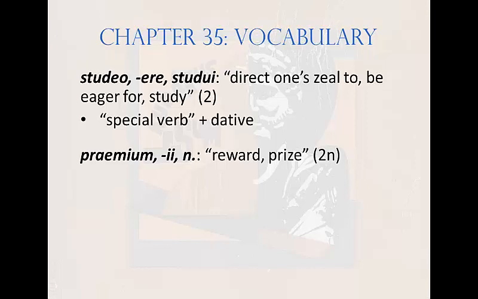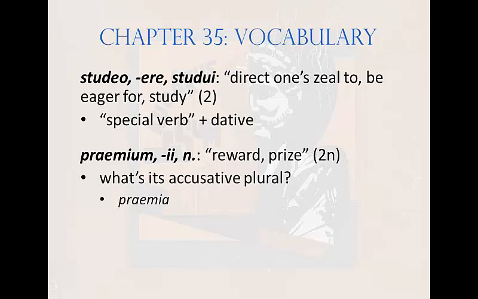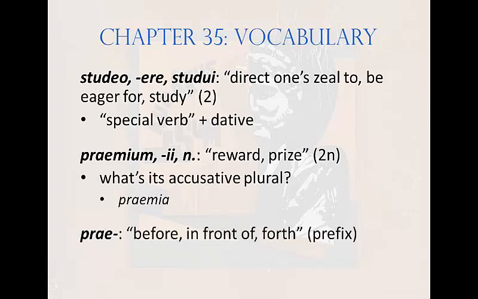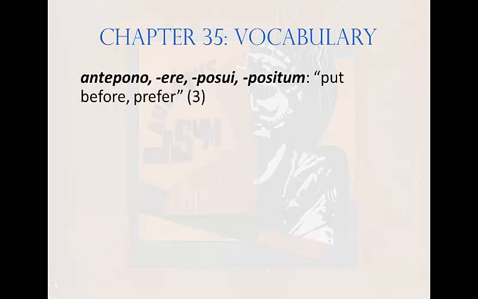It's second declension neuter, so its accusative plural will be praemia. Next is a prefix, prae, meaning before, in front of, or forth. And here is a compound verb, antepono, anteponere, anteposui, antepositum, meaning put before or prefer, third conjugation.